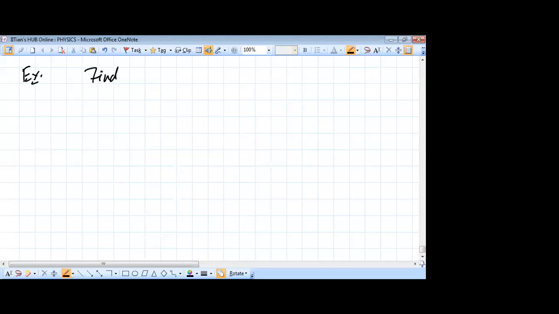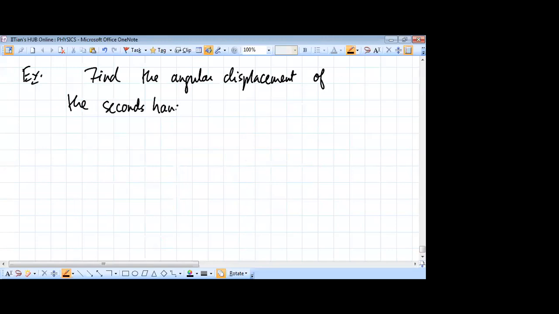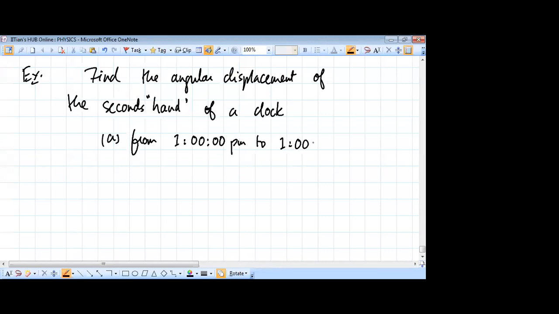You have to find the angular displacement of the seconds hand of a clock from exactly 1 p.m. to 1 p.m. and 20 seconds.